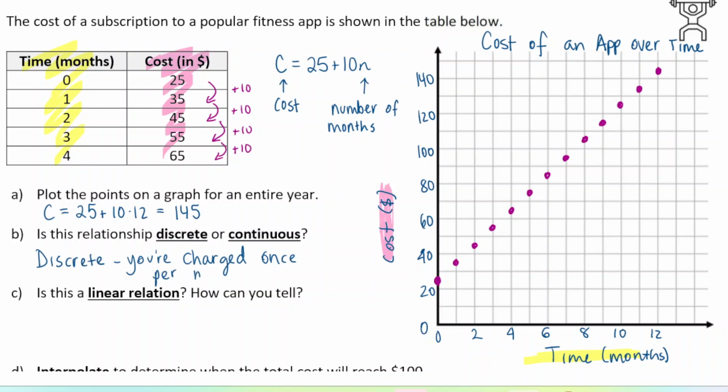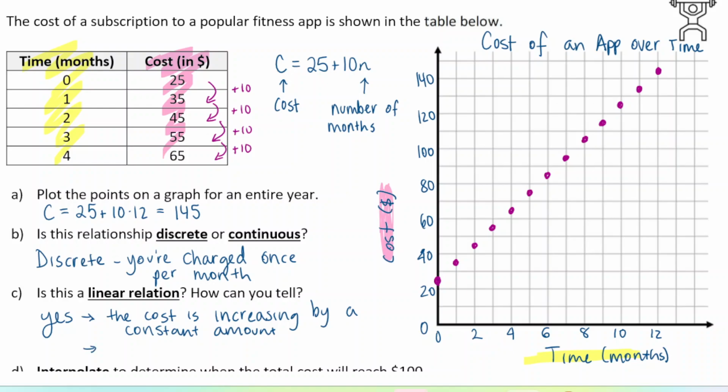Okay. Is this a linear relationship? I've already mentioned that. Yes, there's two ways you can tell. One way is that the cost is increasing by a constant amount. The second way you can tell is by looking at the graph, because see how all the points are in a nice straight line?